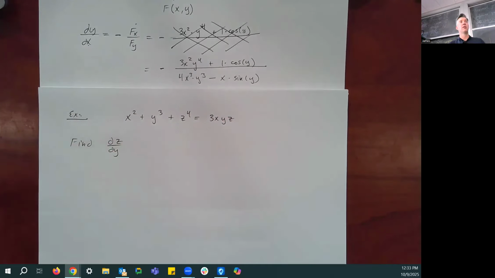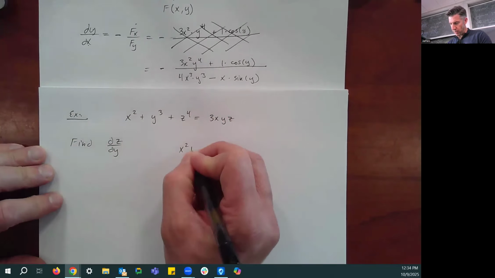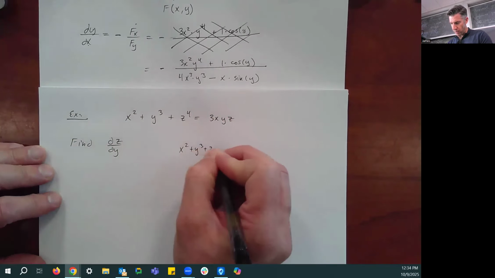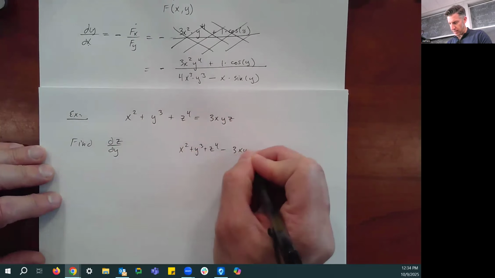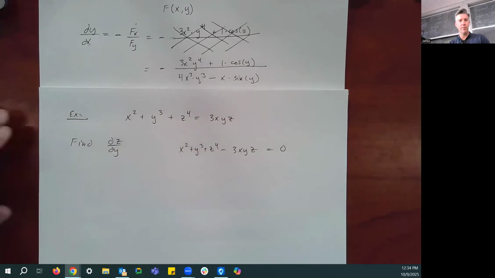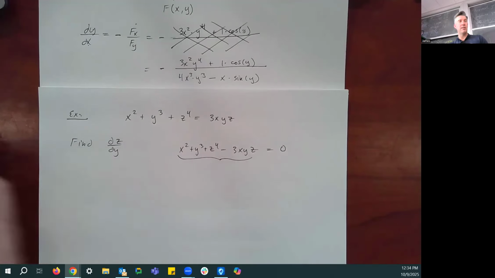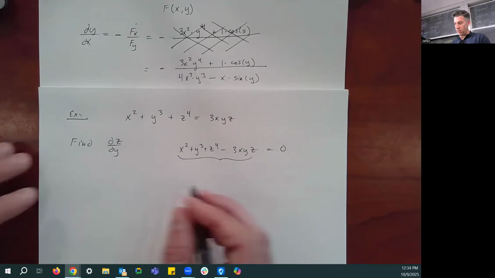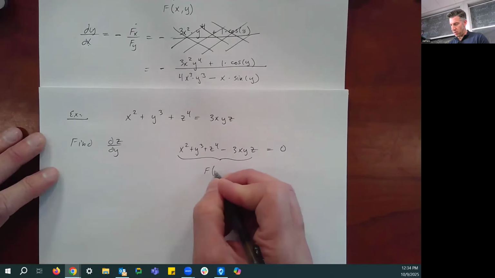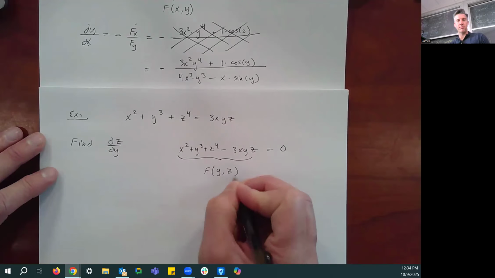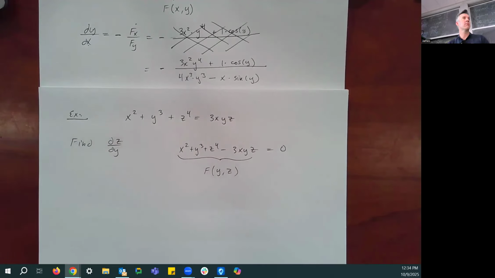So first step, we're going to bring everything to one side. So we're going to say we have x squared plus y cubed plus z to the fourth minus 3xyz equal to 0. And now, if we're finding del z del y, we really don't care about x. So for the moment, we're just going to think of this as a function of y and z, because x is a constant.